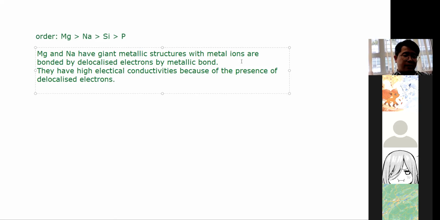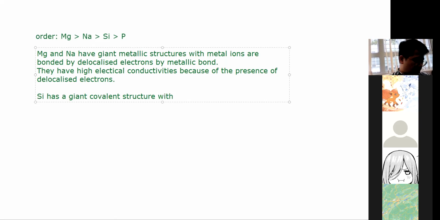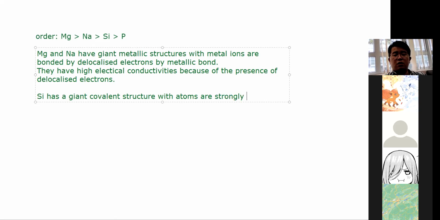Okay, what to compare is about the others. So if you want to talk about silicon, so what is that? Silicon, they will have a giant covalent structure with atoms strongly bonded by covalent bond.